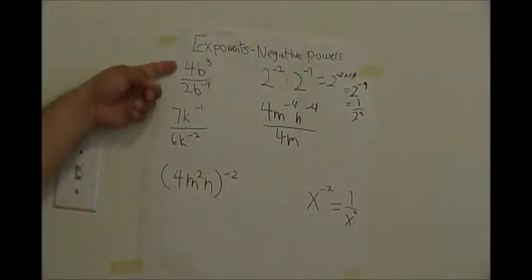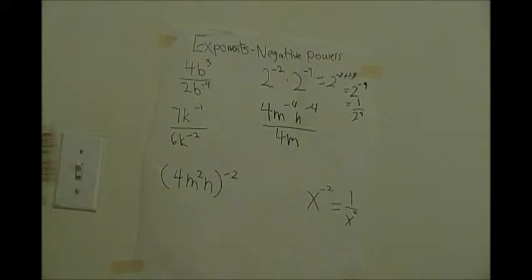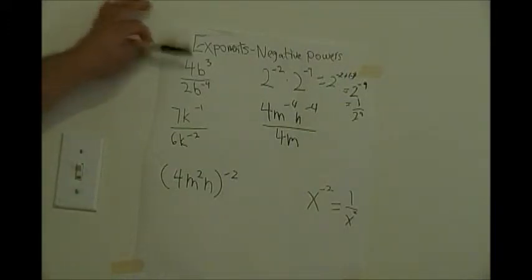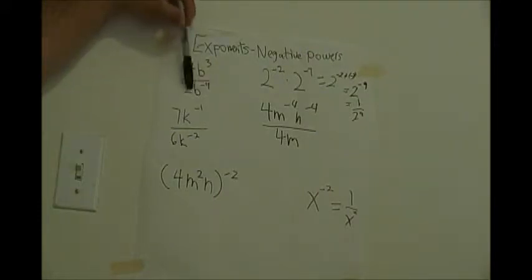Alright, so let's look at this problem right here. Now we're going to look at quotients, dividing. Here's a general rule when it comes to negative powers in quotients. If you have a negative power in the bottom, which is the denominator, you can rewrite that as a positive power, but you have to bring this exponent to the top.